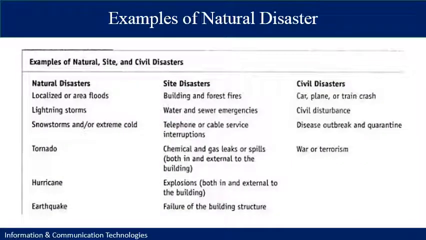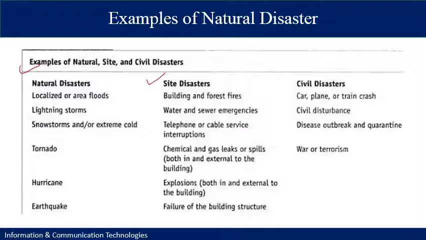So there are different kinds of natural disasters, and if your system has critical information, you should have mechanisms to secure your system from such disasters. Disasters can be natural, such as a flood, lightning storm, earthquake, hurricane, or snowstorm.